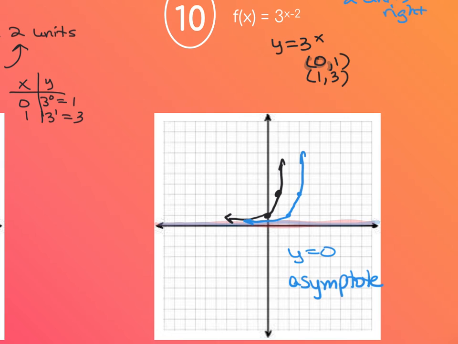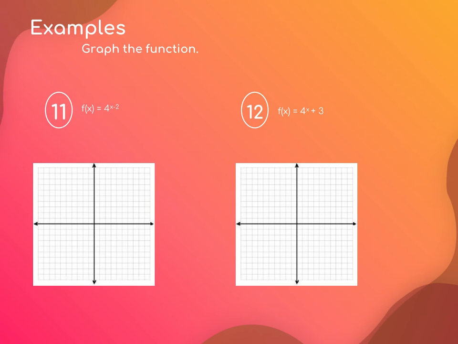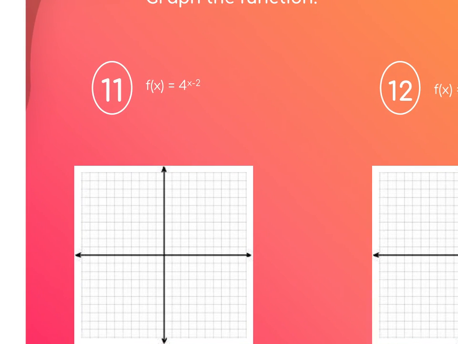Going to try another one, same transformation. It's going to be left and right at a different base this time. So again, notice what's being done is in the exponent. So again, 2 units backwards of what you would think. So 2 units to the right.